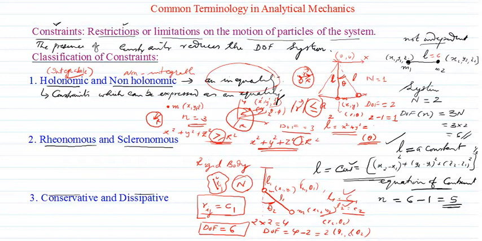If there exists one holonomic constraint represented by one equation of constraint, then the number of degrees of freedom of that system will be reduced by only 1. So the presence of holonomic constraints in a system will reduce the degree of freedom of the system.